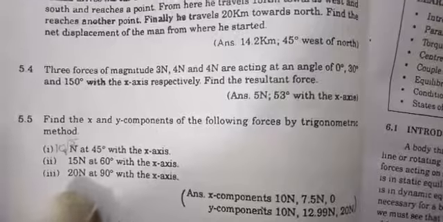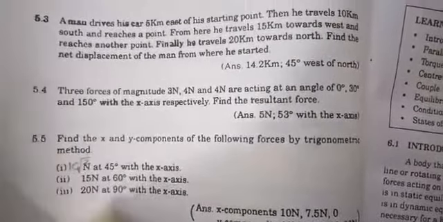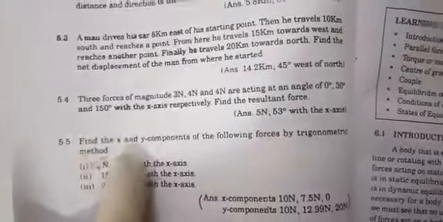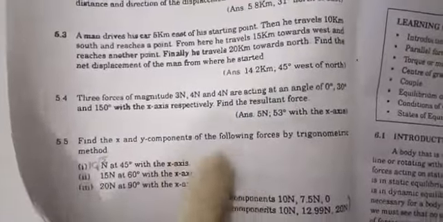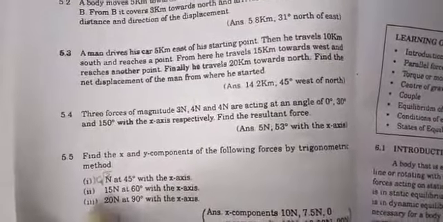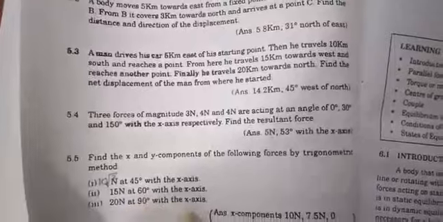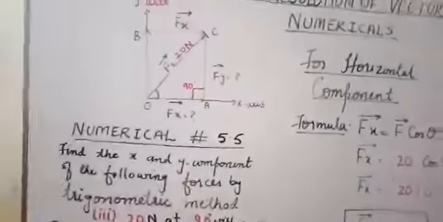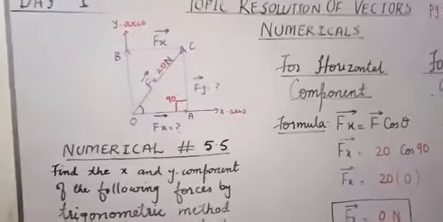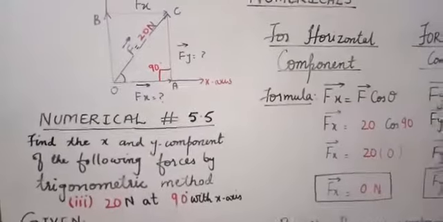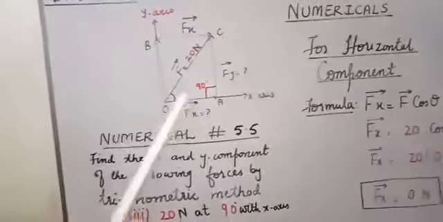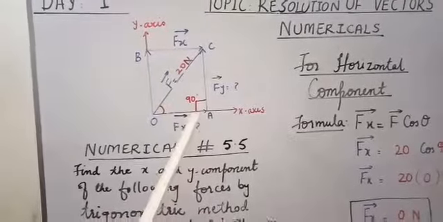Let's do the third part of question 5.5, and again the theme of the question is the same: we have to find the x and y components of the force. The force here in the third part is 20 Newton, which is making an angle of 90 degrees with the x-axis. Just see the figure and check that the 20 Newton resultant force is at 90 degrees.